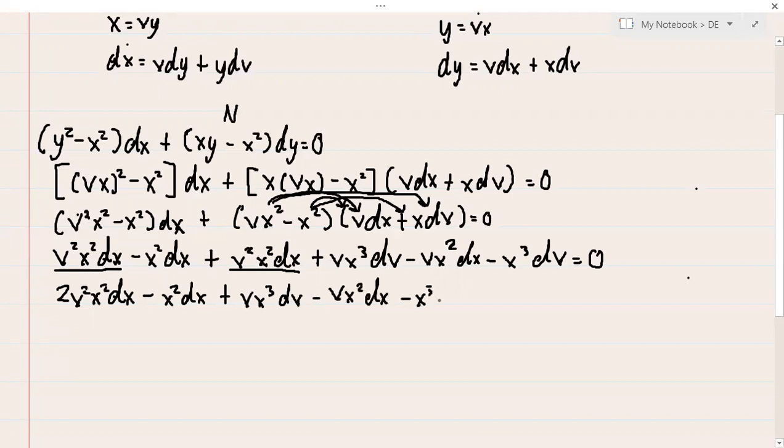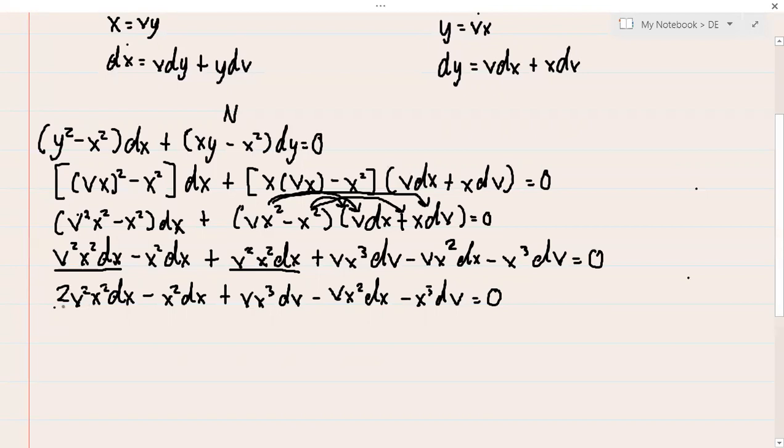So, ngayon, ang gagawin natin is yung ginawa natin kanina. Let's group all the dx at saka si dv, kasi sila yung naka-d, di ba? Let's group all the terms that has dx and others that has dv.